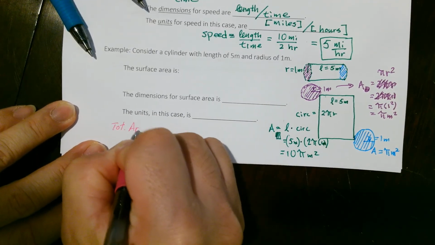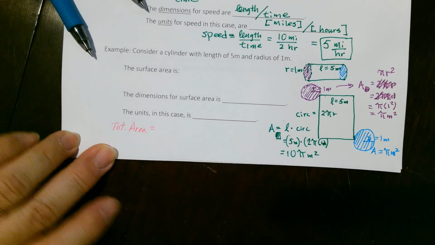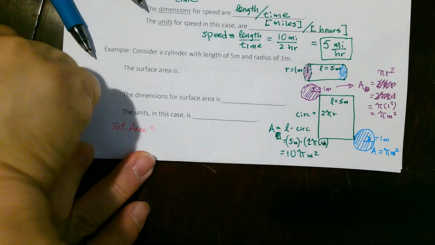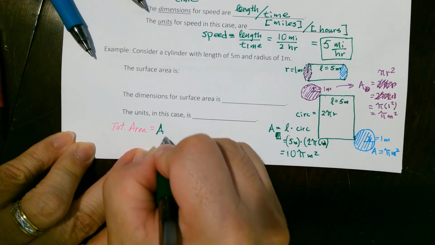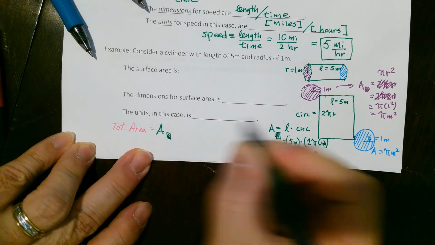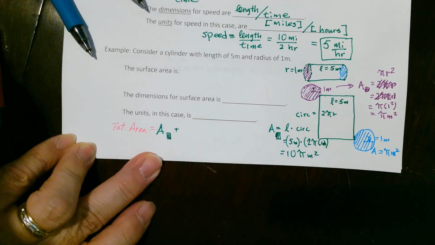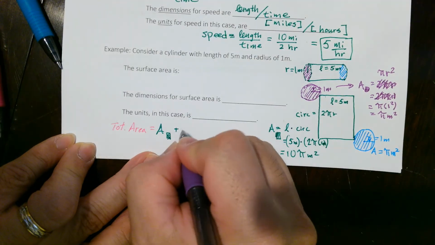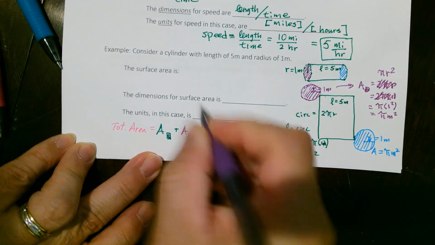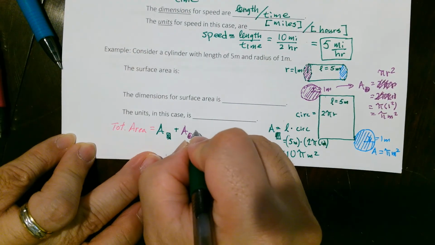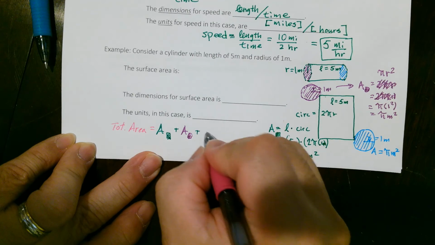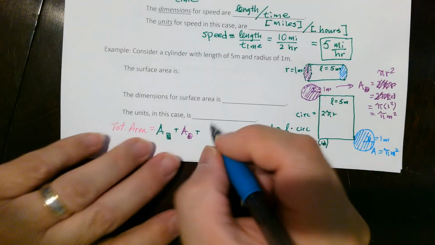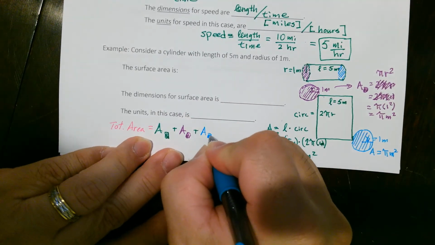Total area is equal to the area of the rectangular part plus the area of the circle part at the top plus the area of the bottom lid, right?